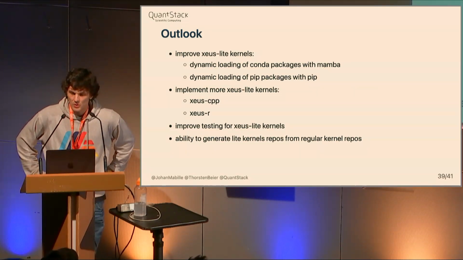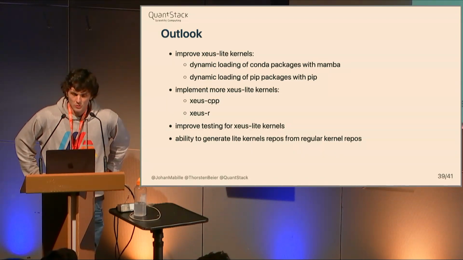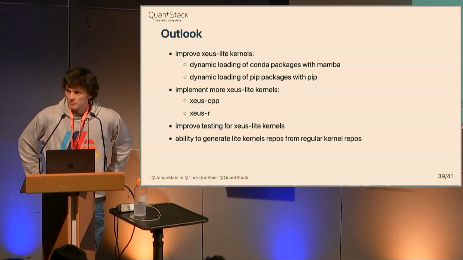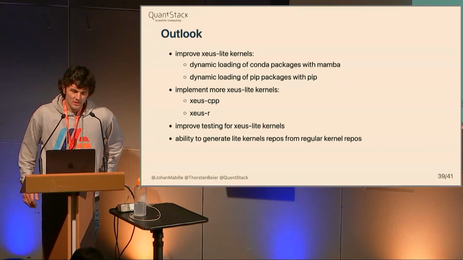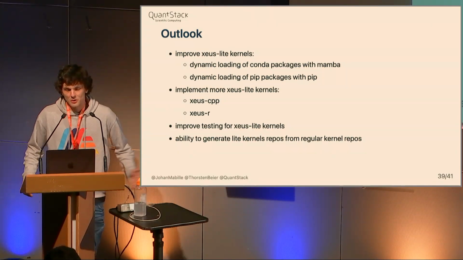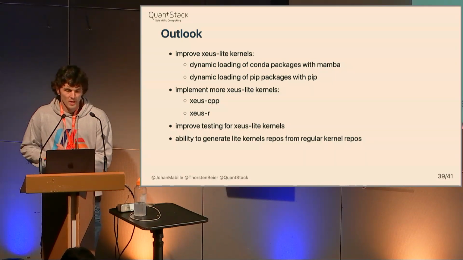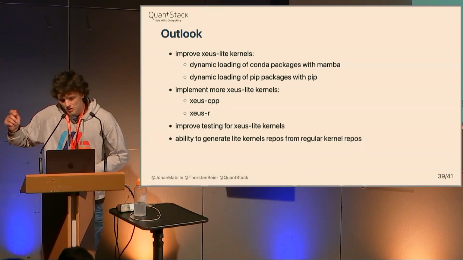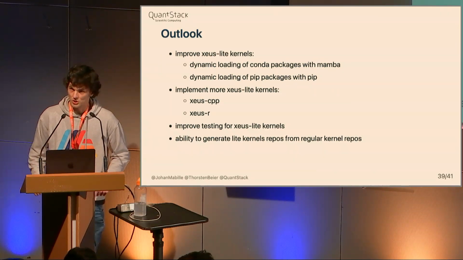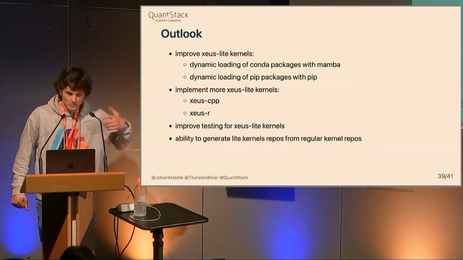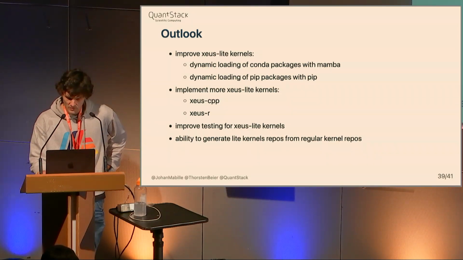At the moment, for each kernel, you have one repository implementing the C++ code, like Xeus Python. But then we have, unfortunately, for each repo, a tiny bit of JavaScript or TypeScript glue code, which is repetitive work for each and every kernel. And we believe that we can remove this. So in the future, you will just need the C++ implementation, and the glue code will be automatically generated.